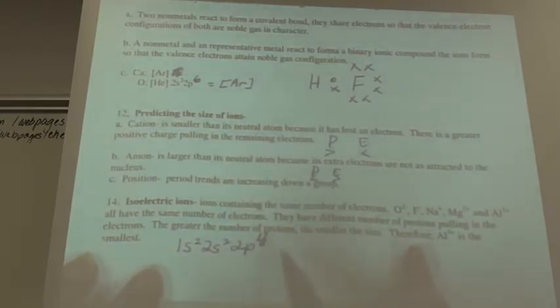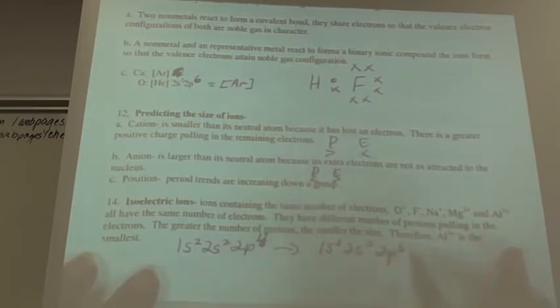Now, when it forms an ion, it gains 2 electrons, which makes it 1s2, 2s2, 2p6, which gives it noble gas configuration. If you did the electron configuration for all of these atoms, you would see they all have the same number of electrons, which means they're isoelectronic ions. Okay.